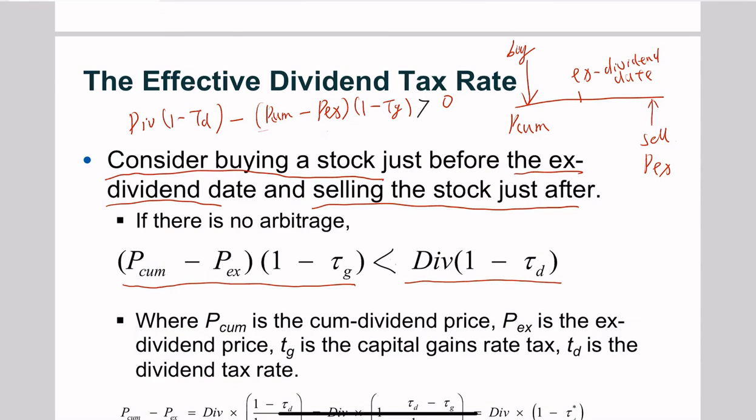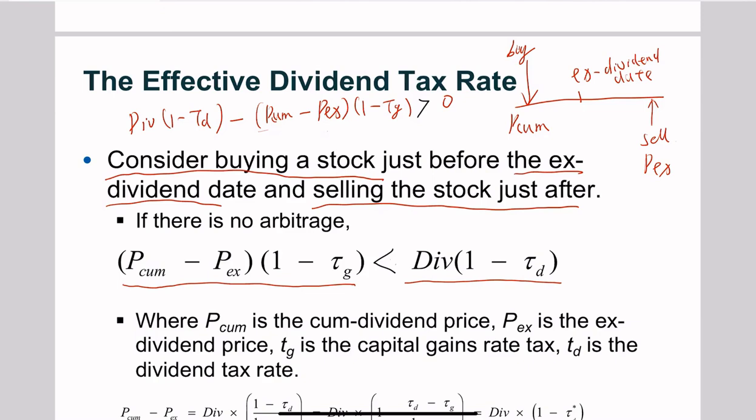if you buy at the cum-dividend price and sell at the ex-dividend price, then you will have some positive profit, right? Because investors understand that doing this transaction will have a positive profit, they will rush to make the purchase before the ex-dividend date.